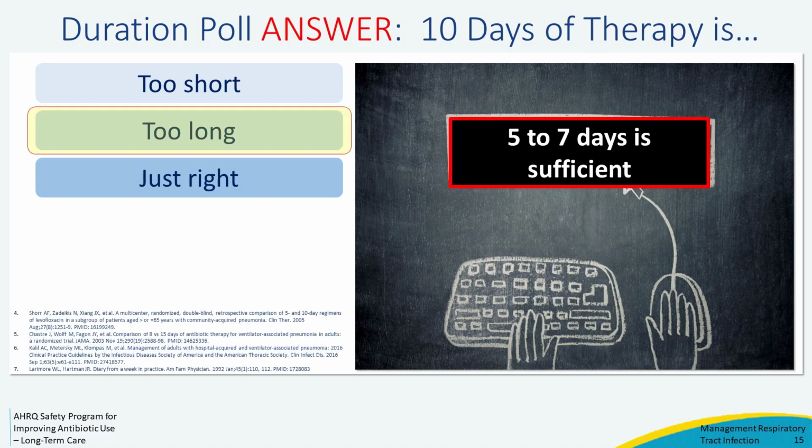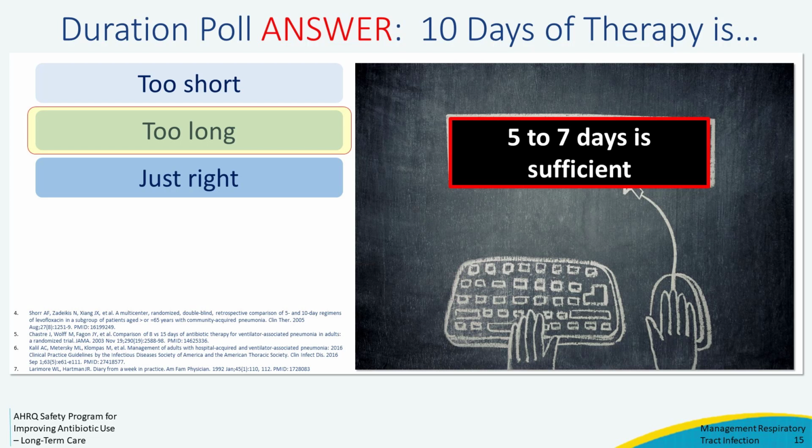We recommend a 5 to 7 day course of antibiotics for residents with suspected pneumonia. The most recent guidelines for hospital or ventilator-acquired pneumonia indicate that longer courses of therapy are not superior to shorter courses. Also, 5 days is usually a sufficient length of therapy to treat community-acquired pneumonia.